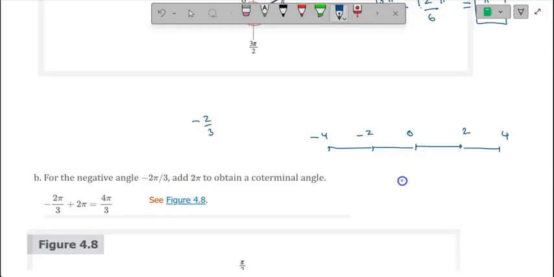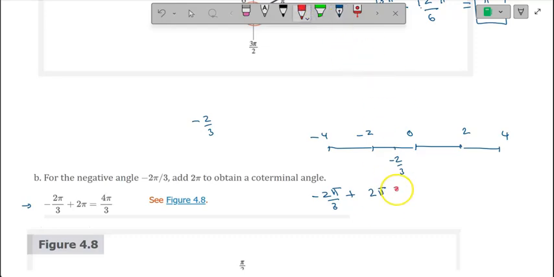So minus 2 over 3 is going to be about minus 0.6, somewhere here. So what you want to do is add a whole revolution to this, right? So coterminal angles, if you add 2 pi to it, you're going to get another coterminal angle, all right? And what you should do is minus 2 pi over 3 plus 2 pi, and again you get the same denominator, minus 2 pi over 3 plus 2 pi.